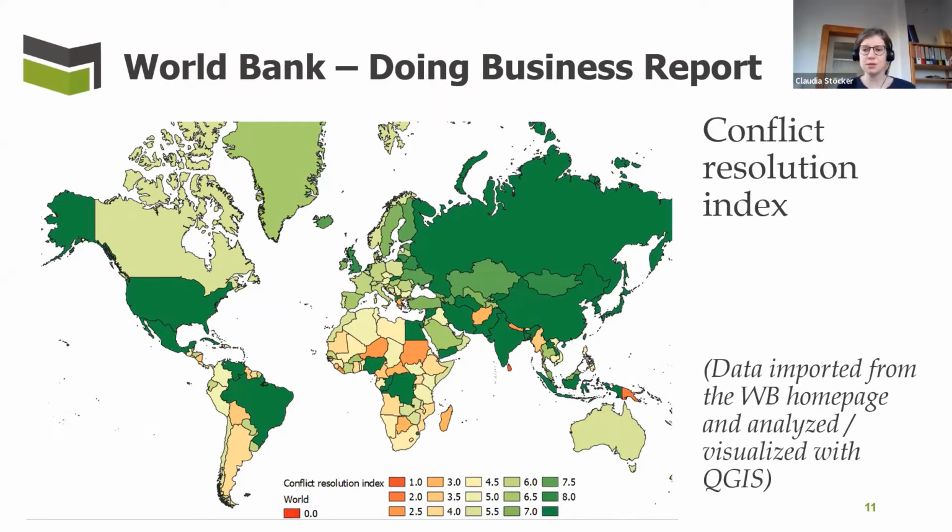This land dispute resolution index assesses the legal framework for immovable property registration and the accessibility of dispute resolution mechanisms. So it's also quite interesting to see this global overview about this issue.